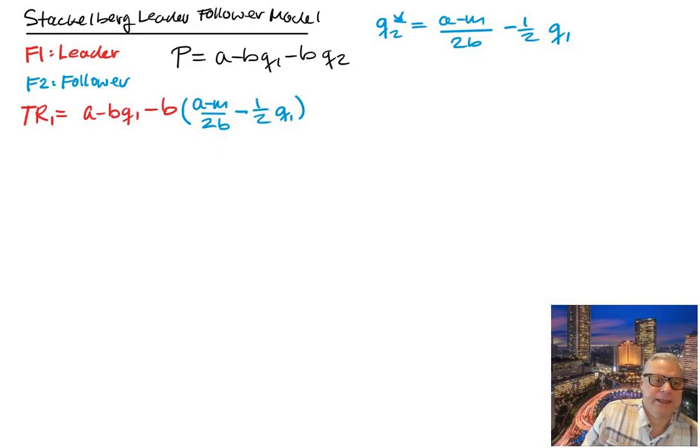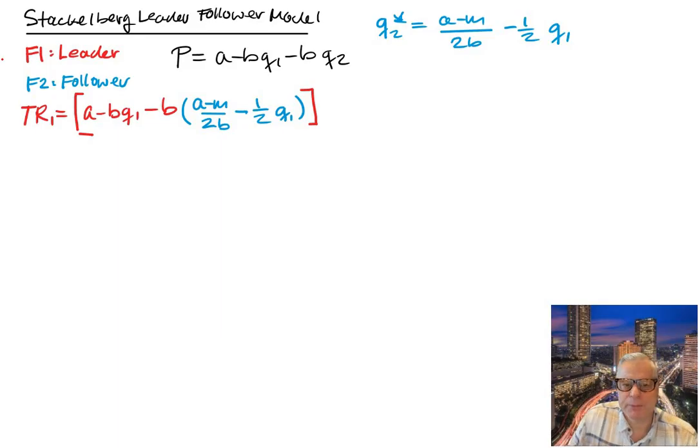Okay, that is the price now. And then we still have to multiply times Q1, because this is just the price times Q1. Okay, so from now on it's just a bunch of algebra, but this is Stackelberg's major invention, basically turning a Cournot duopoly into a sequential game by allowing a leader to already anticipate the response function of a follower.